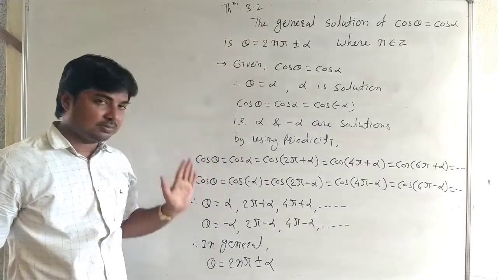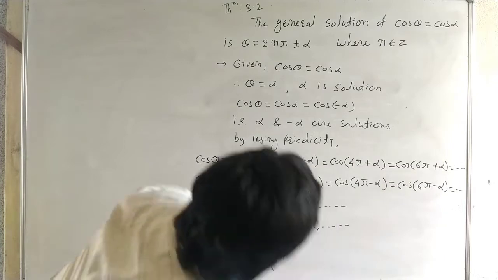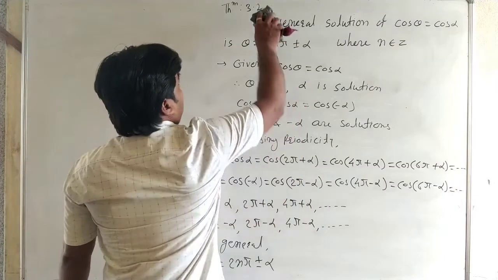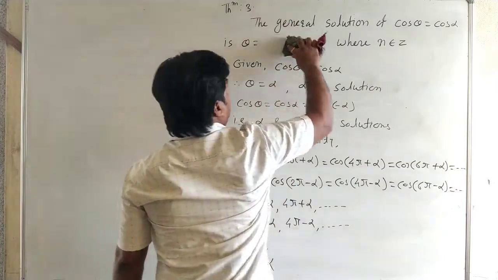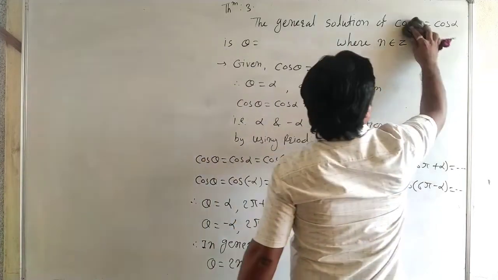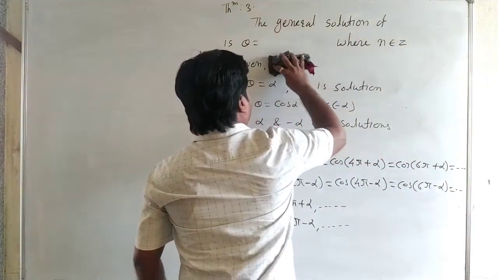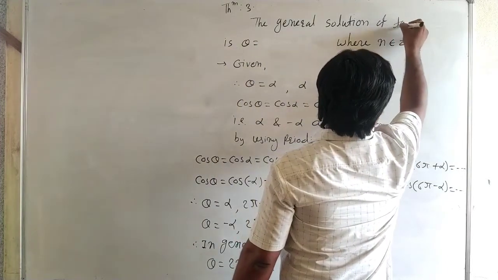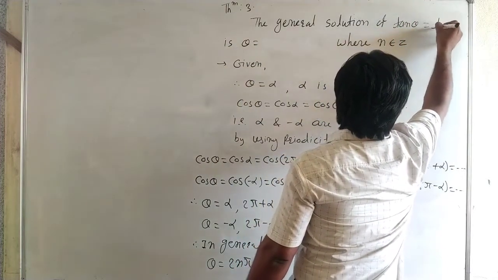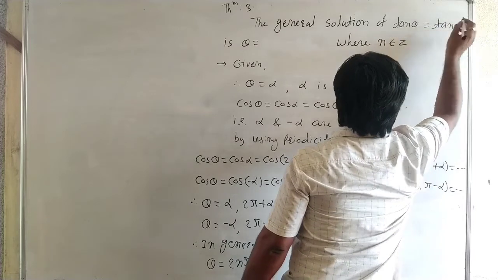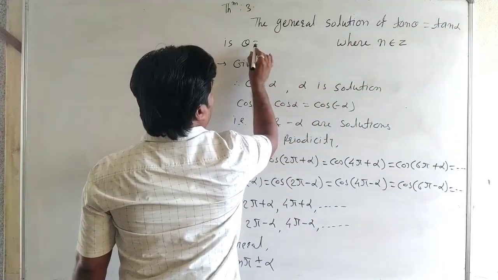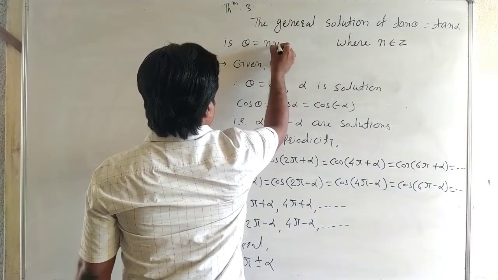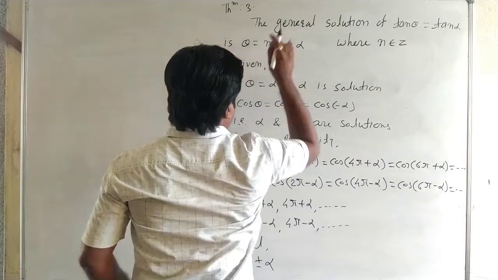See carefully this. Now the third, tan theta is equal to tan alpha. Therefore theta is equal to n pi plus alpha.